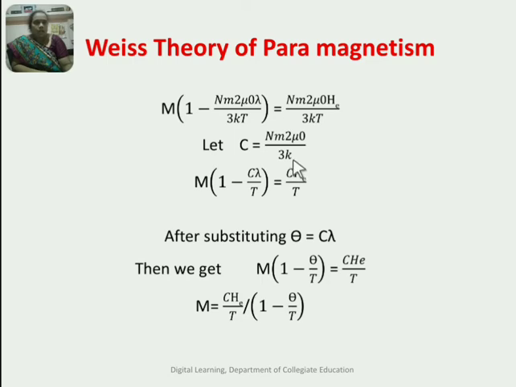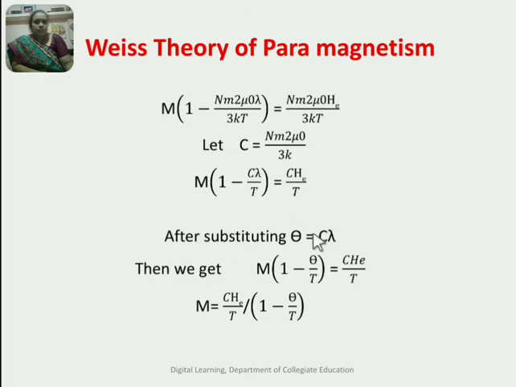After substituting the C value in the above expression, this expression is simplified as M into 1 minus C lambda divided by T, which is equal to C He divided by T. In place of N m square mu naught divided by 3k, we are substituting the C value.